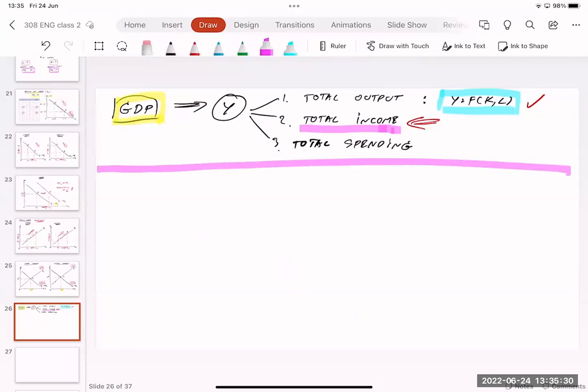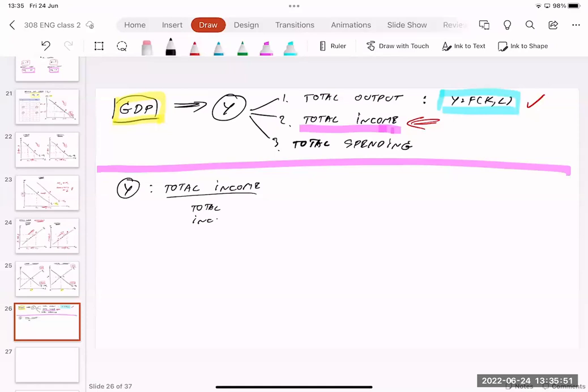So let's see. Now we're gonna focus on Y as total income. So we're gonna construct the equation.